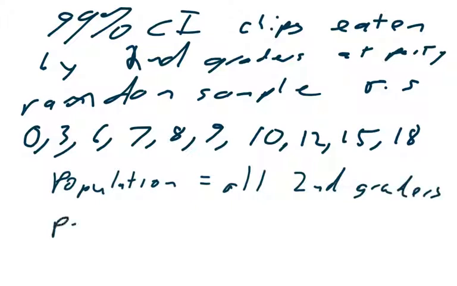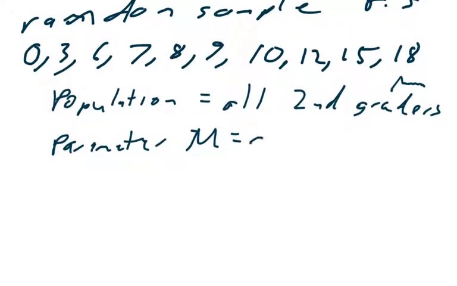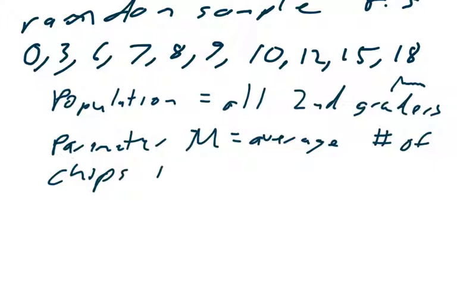The parameter is going to be mu, which equals the average number of chips that second graders eat.